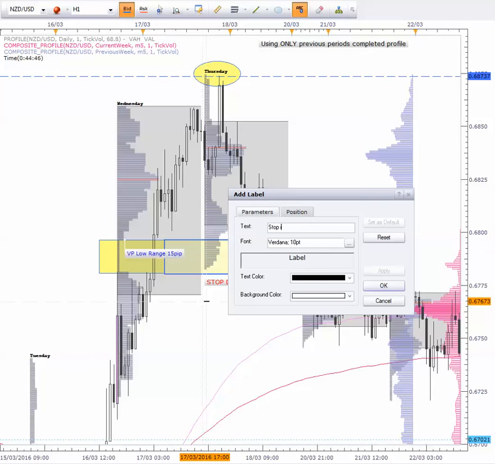Stop is triggered when volume profile low cannot hold, right?